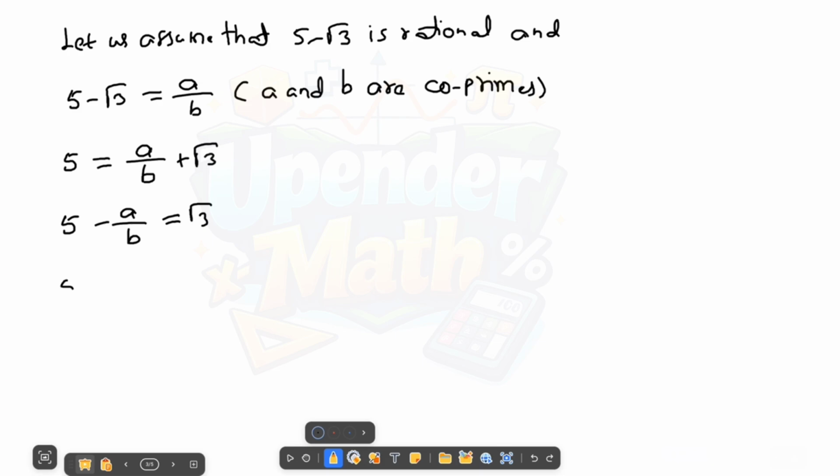Now write 5 as 5 by 1 and multiply with b by b to make the denominators equal on the left side. 5 into b, 5b by b minus a by b is equal to root 3.